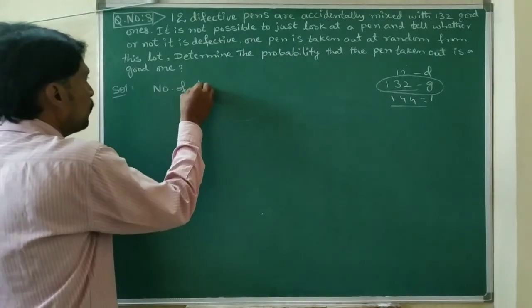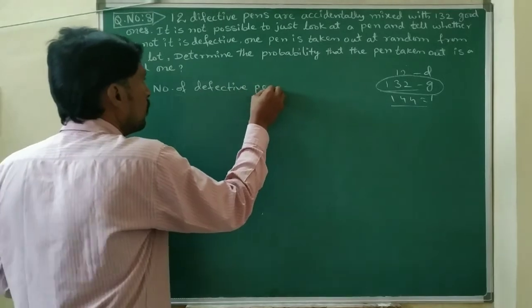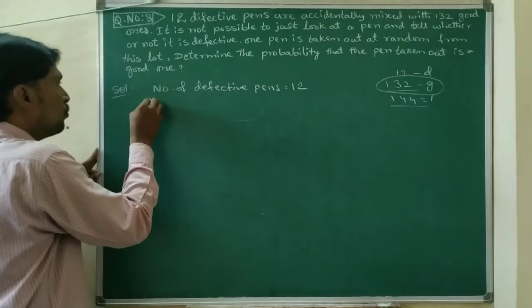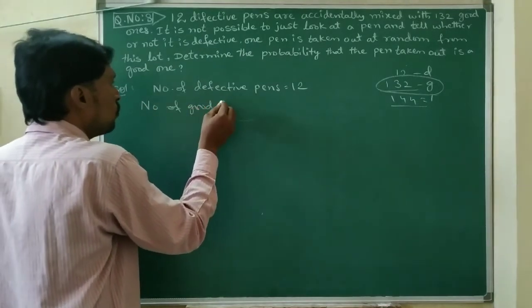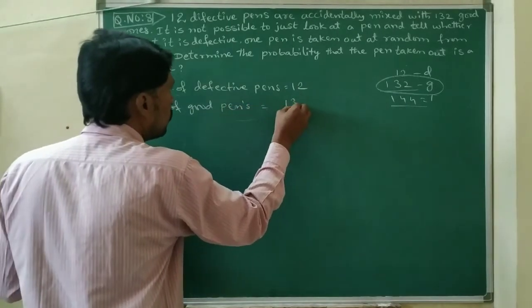Solution. The number of defective pens equals 12. The number of good pens, meaning good working pens, equals 132.